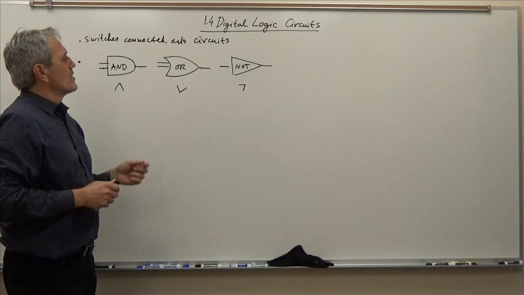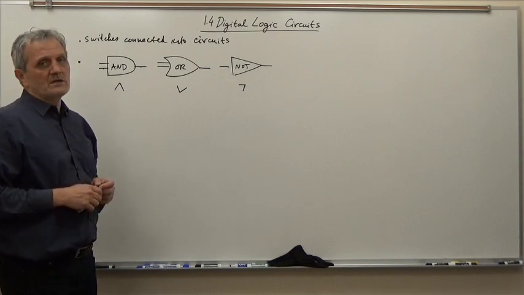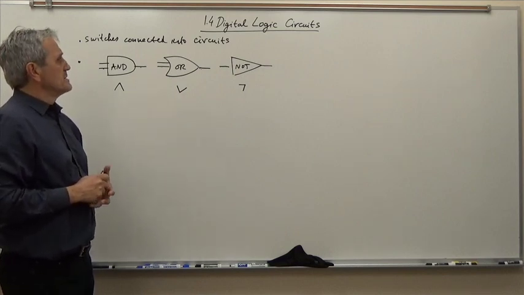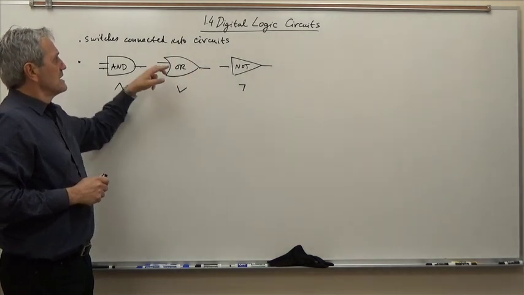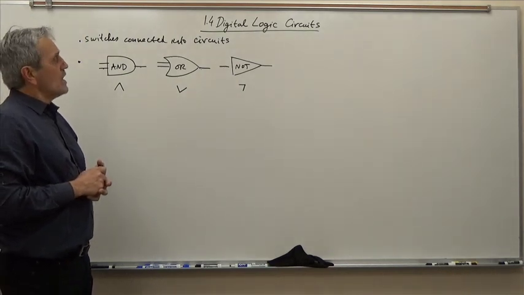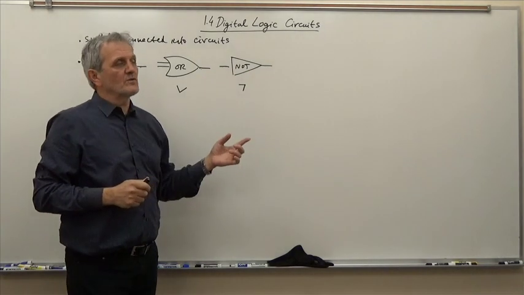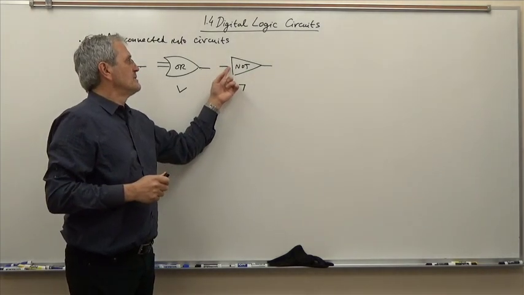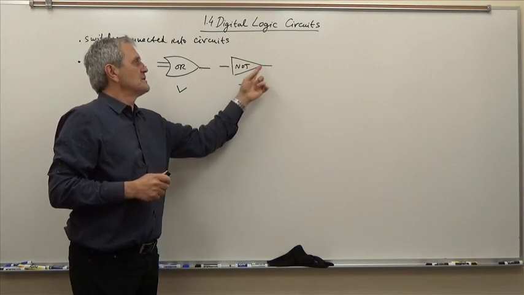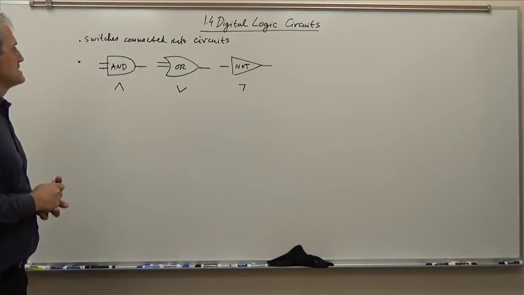Then this OR will behave the same way as our OR in propositional calculus. That means we'll get an on signal if one of these inputs is on, one or both. And finally, NOT is just like a converter. If the input is on, the output is off. If it's off, the output is on. It just converts to the opposite state.